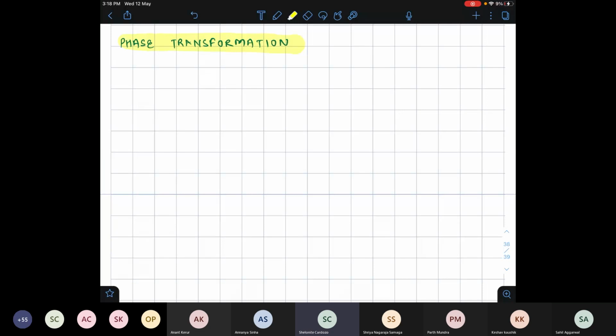Phase transformation. What do you mean by phase transformation? Change of state.